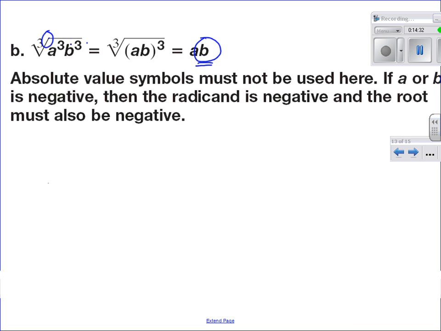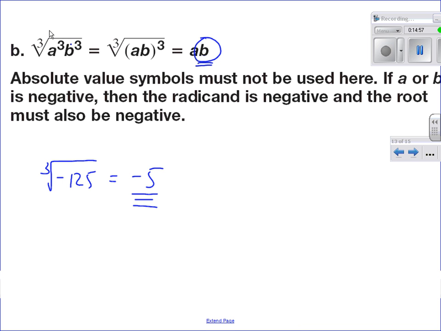So that number now is negative 125 there. Well, we've already learned earlier in the lesson that the cube root of negative 125 is, in fact, negative 5. There's only one answer there that works, not two. So that's why with any of these situations, I don't need to put those absolute value symbols.